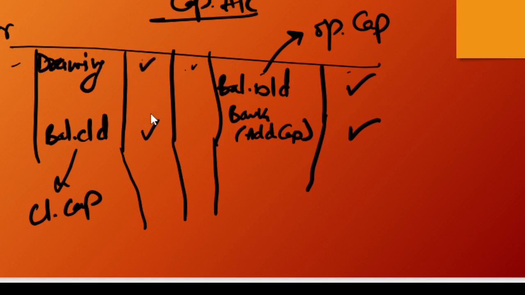Now what you have to do is just add these two and deduct these two. Wherever the difference arises on this side, it is your net loss. If the difference is on your credit side, it means it is your net profit.